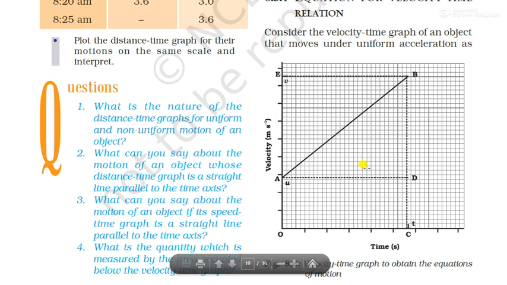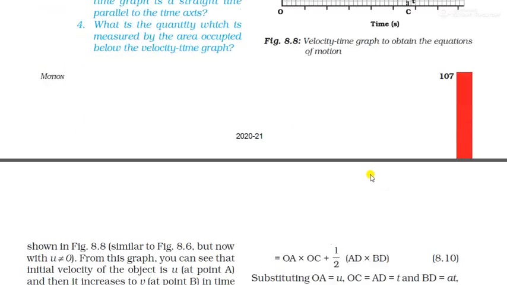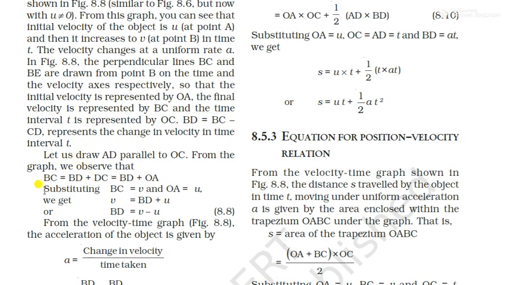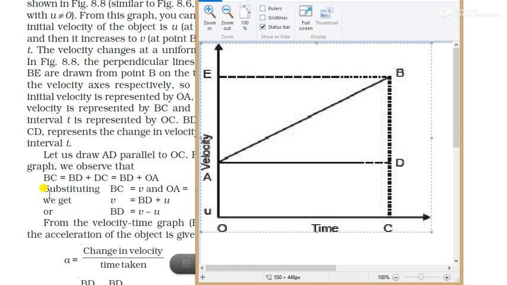Okay students, so look at this. BC is equal to BD plus DC. Yes, BC can be represented as BD plus DC.